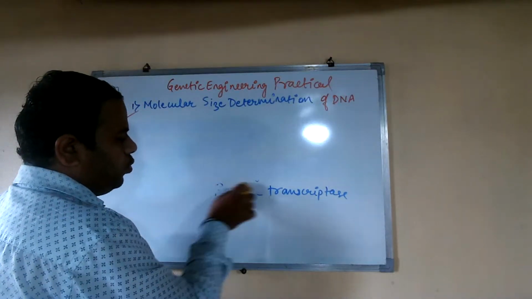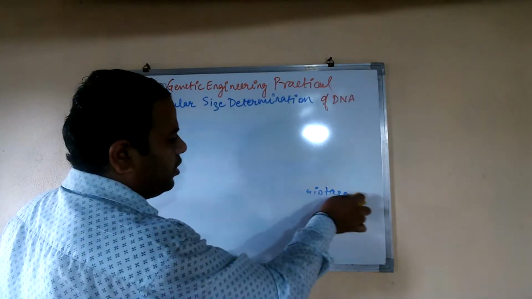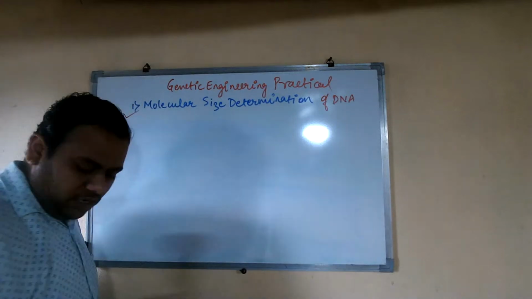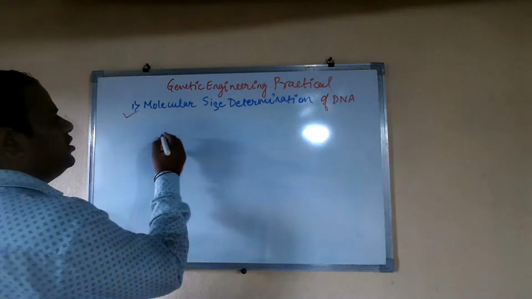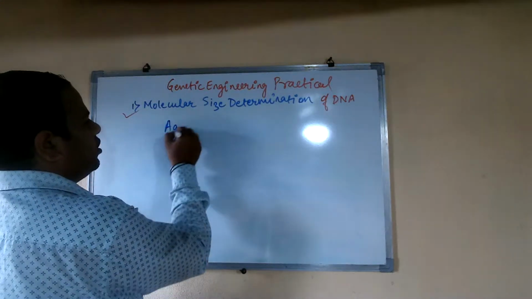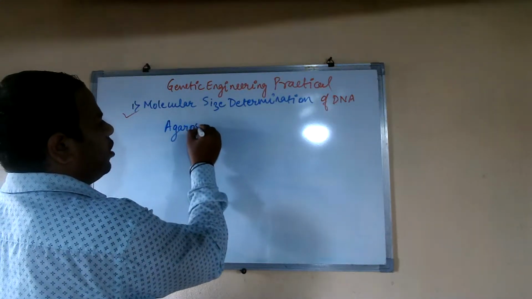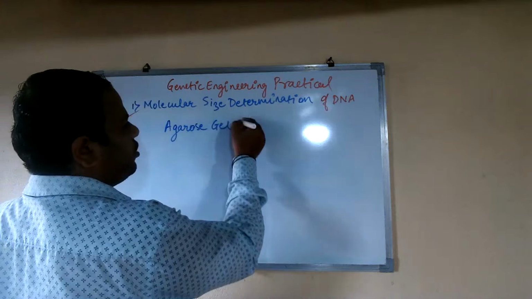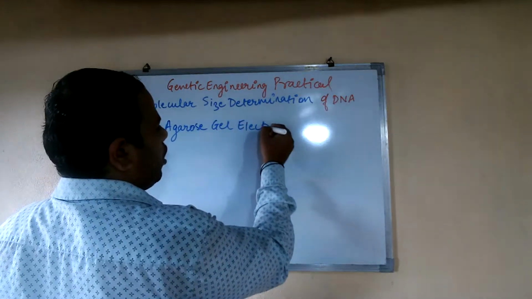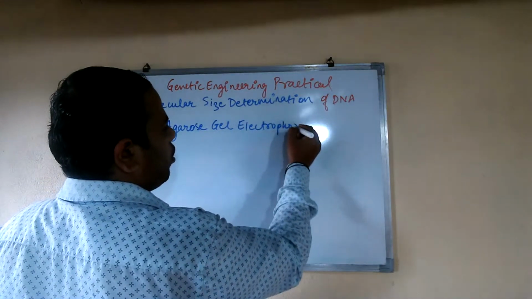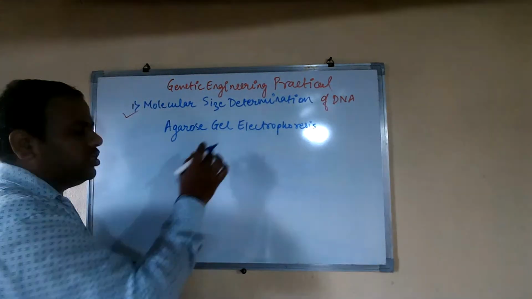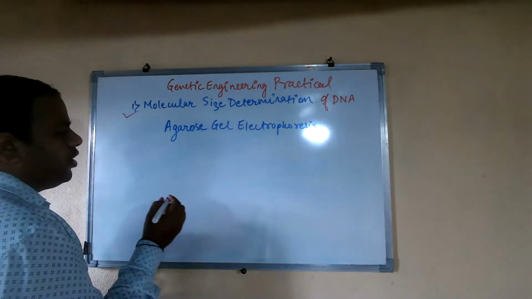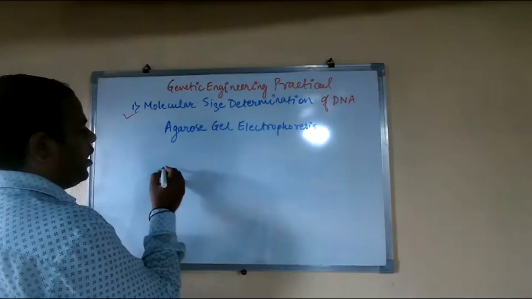In this kind of size determination practical, the first procedure that is done is agarose gel electrophoresis. In this, you are having the samples.